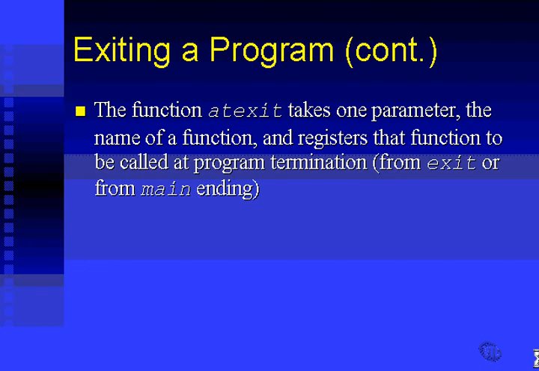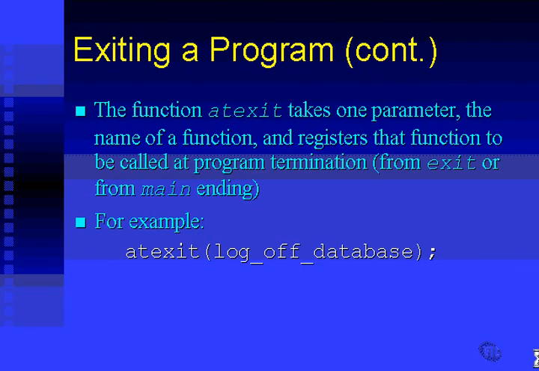It looks like this. You might, for instance, be using a database program, and at the beginning of the program you log on to the database, and there may be 25 different instances scattered all throughout the program where you call the function exit because something's gone wrong or whatever. It's just time for the program to exit at that point.